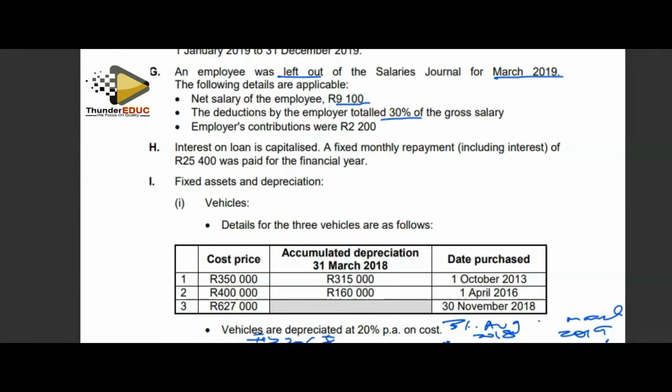I get that times 30. 30 divided by 100. 3549. 3549. Okay.